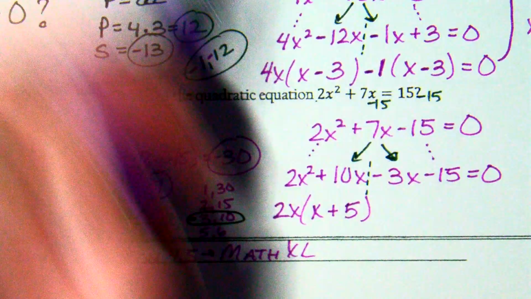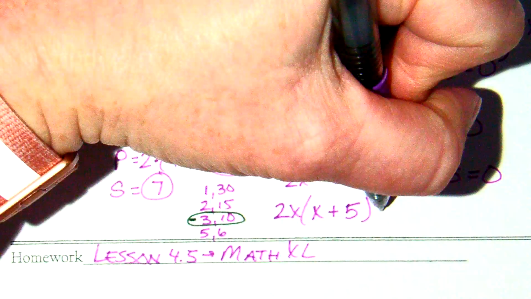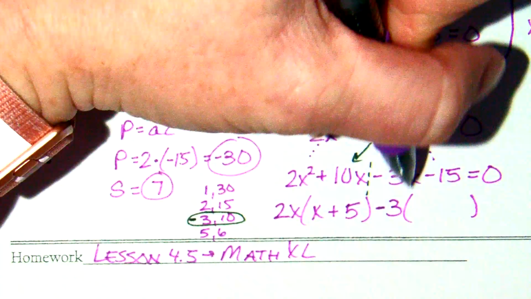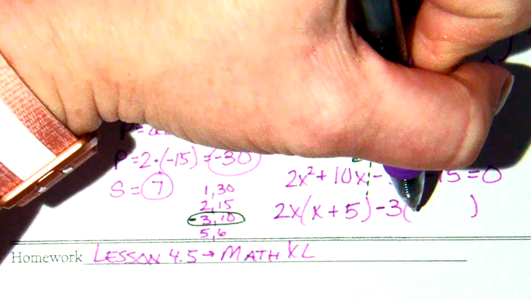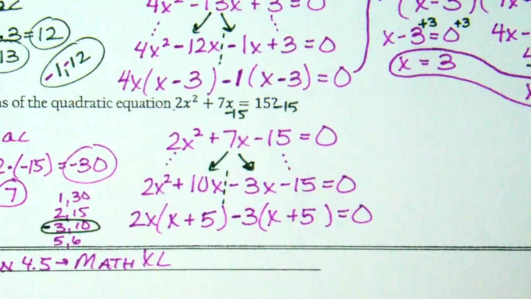And negative 3x minus 15. They both have a 3, and they're both negative. So negative 3. Negative 3x divided by negative 3 is x. Negative 15 divided by negative 3 plus 5. Still equals 0.